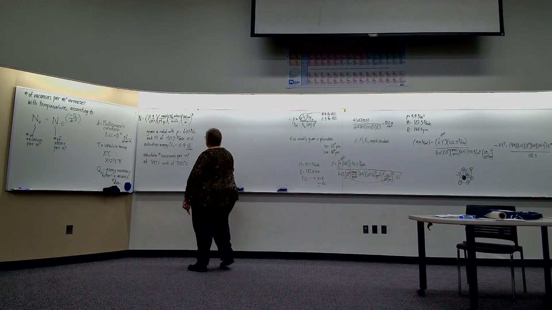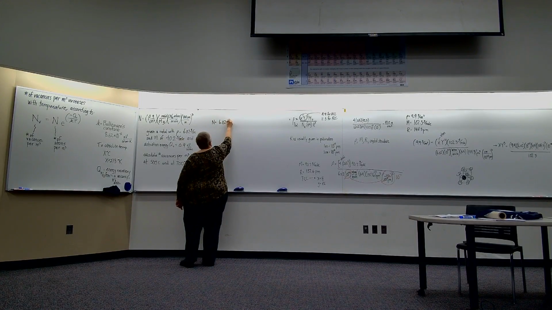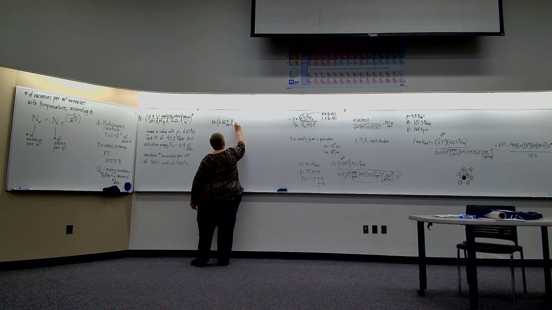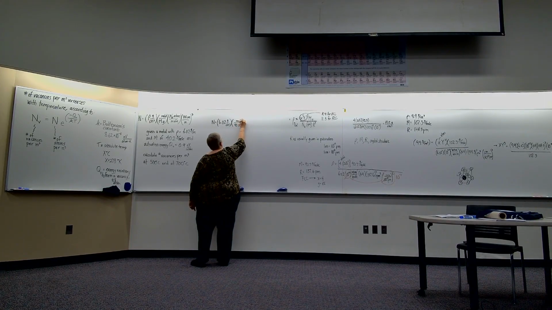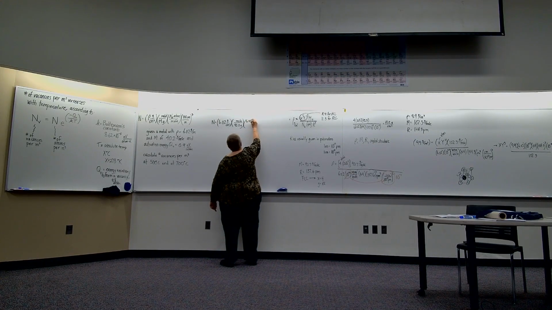So I need N first, and it's going to be equal to the density, 6.02 grams per centimeter cubed, over 40.2 grams per mole, times 6.02 times 10 to the 23rd atoms per mole.